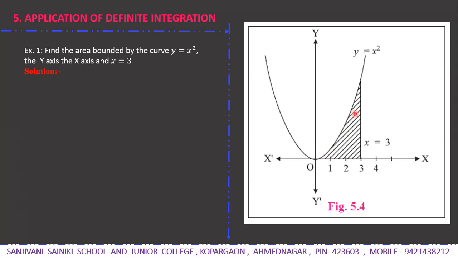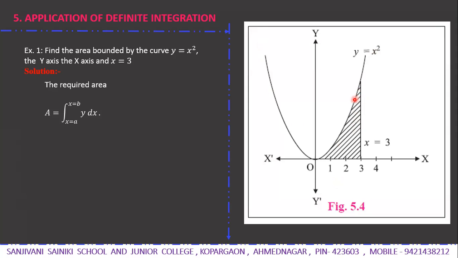Once we know the nature of the area, it is clearly bounded by the x-axis, bounded by the curve and bounded by the line. So we have to integrate from 0 to 3 by taking this y for the upper curve. So the area is given by x is equal to a to x is equal to b of y dx. What is y? y is for the upper curve.